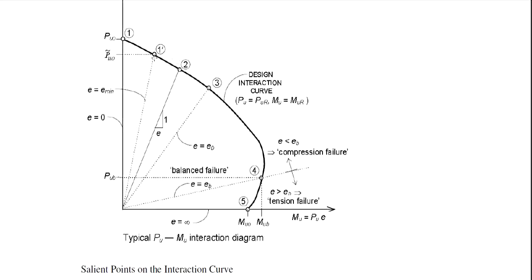So at point 2, again the eccentricity is going to increase. At point 3, in same way it is going to occur. At point 4, balanced failure is going to occur. So balanced failure means concrete also reaches its maximum allowed strain, that is 0.003, and even steel also reaches its yielding strain. So this is the balanced failure, that is point 4.